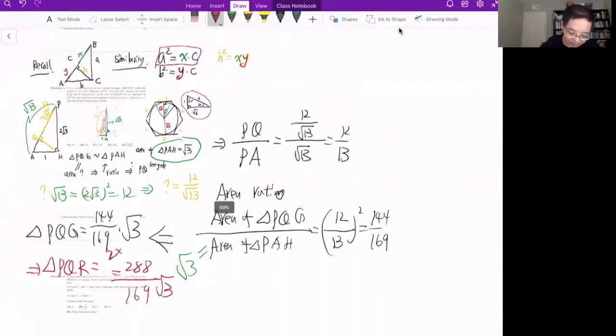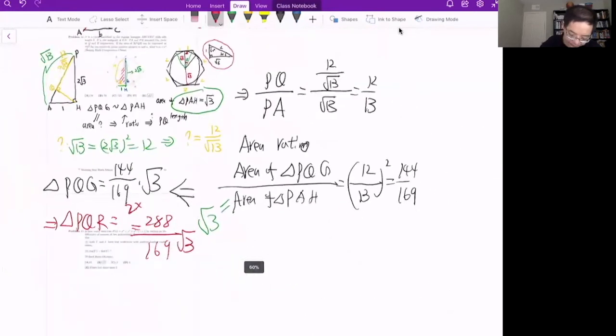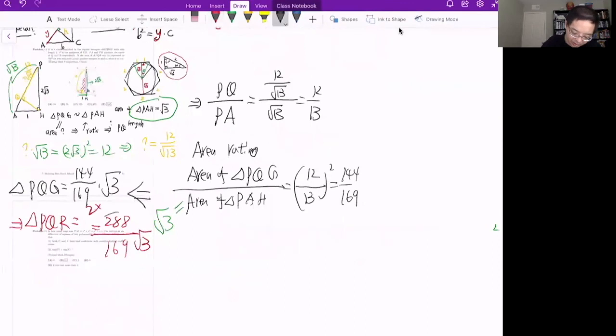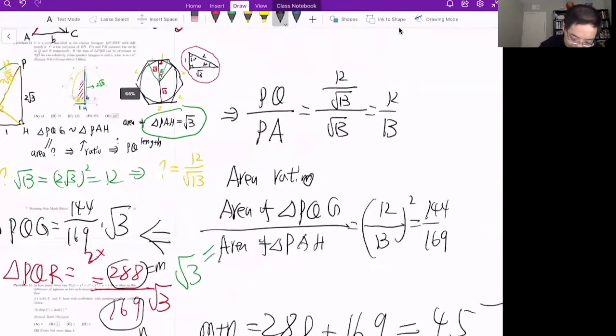These two numbers are what we want, m and n. So we add them together, 288 plus 169, that's 457.